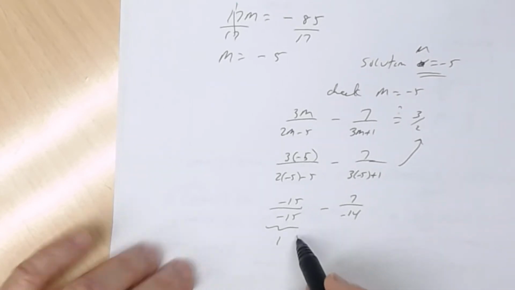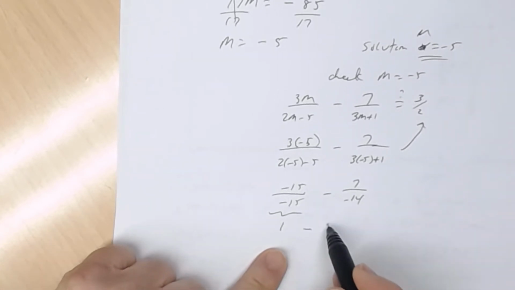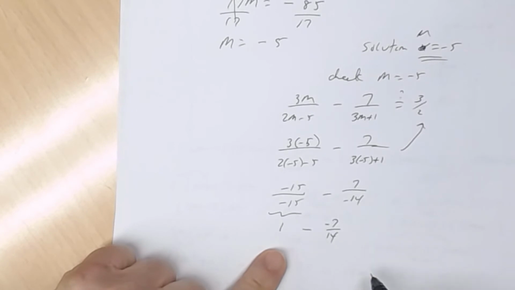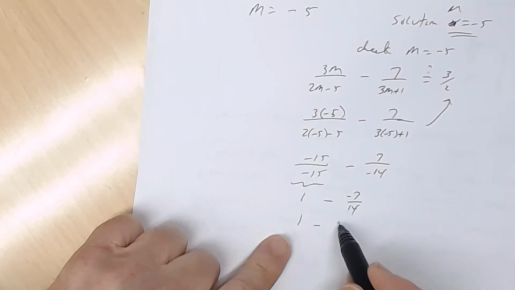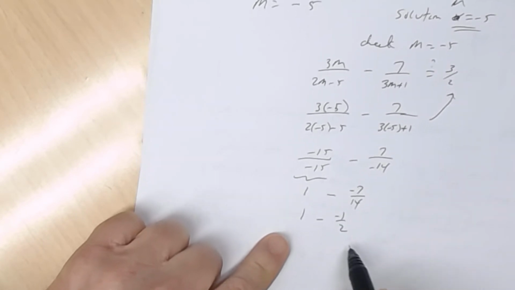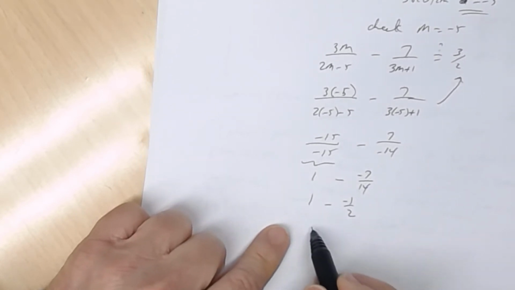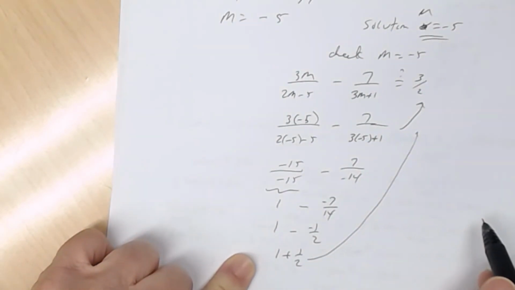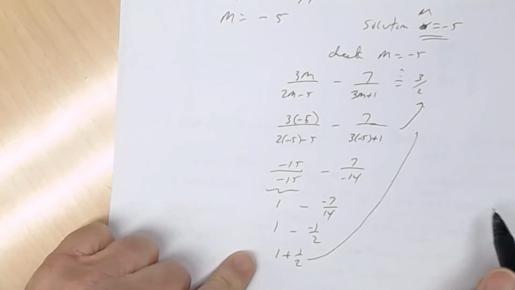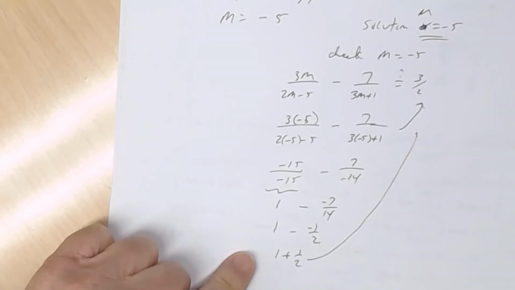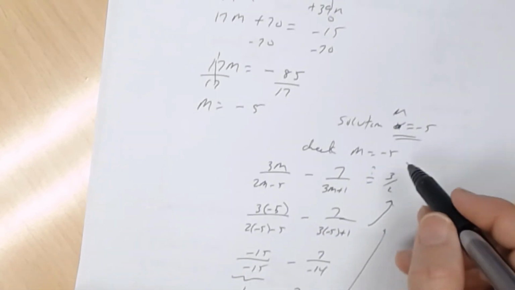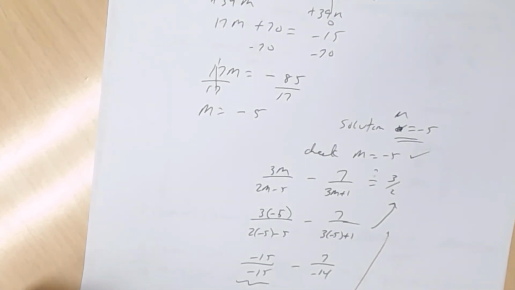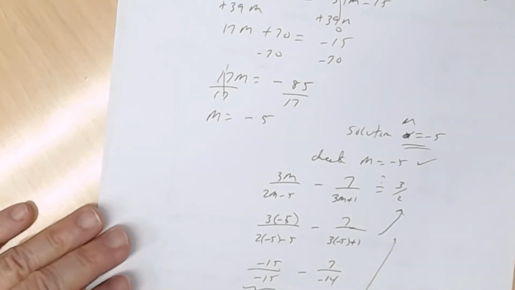Now look at what I have: 1 minus a negative 7/14. Y'all agree? Reduce this, and that becomes 1 minus a negative 1/2. Well, 1 minus a negative 1/2 means 1 plus 1/2. Is that the same thing as 3/2? Yeah. 1 plus 1/2 is 1.5, and 3/2 is 1.5. All right, so m equals negative 5 is the solution.